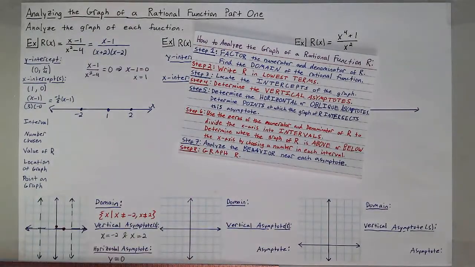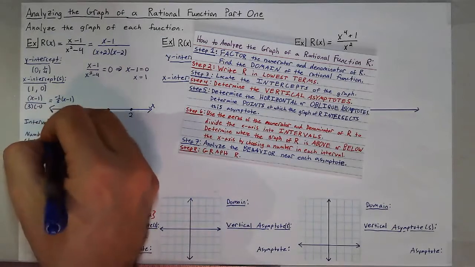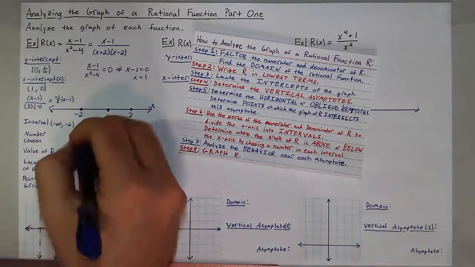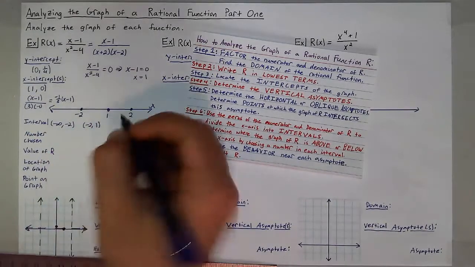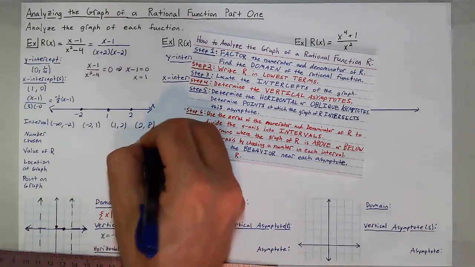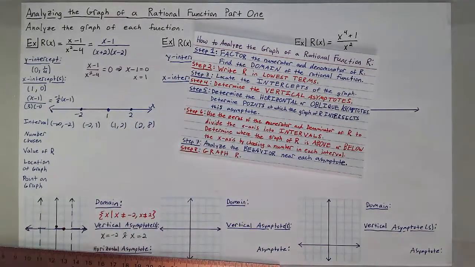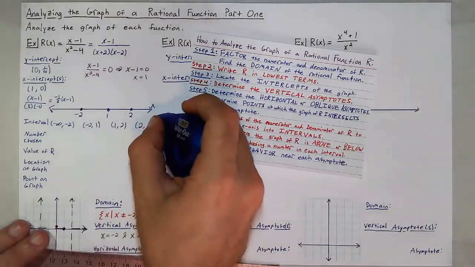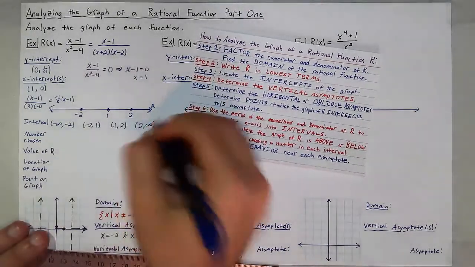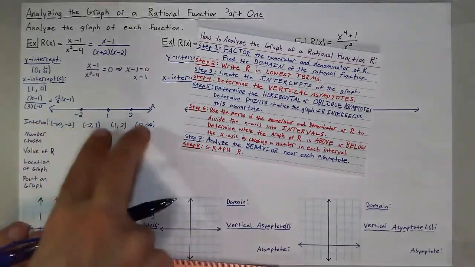So what this means is that I'll go from -infinity to -2, from -2 to 1, from 1 to 2, and from 2 to infinity. So I've split up the entire number line into 4 sections.